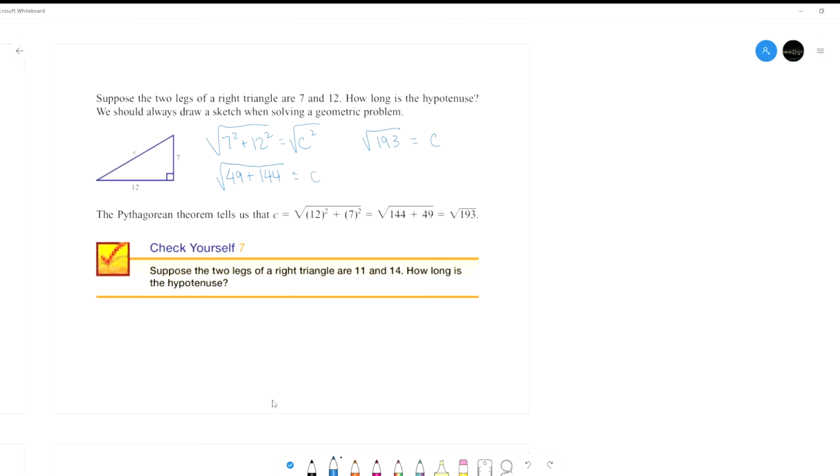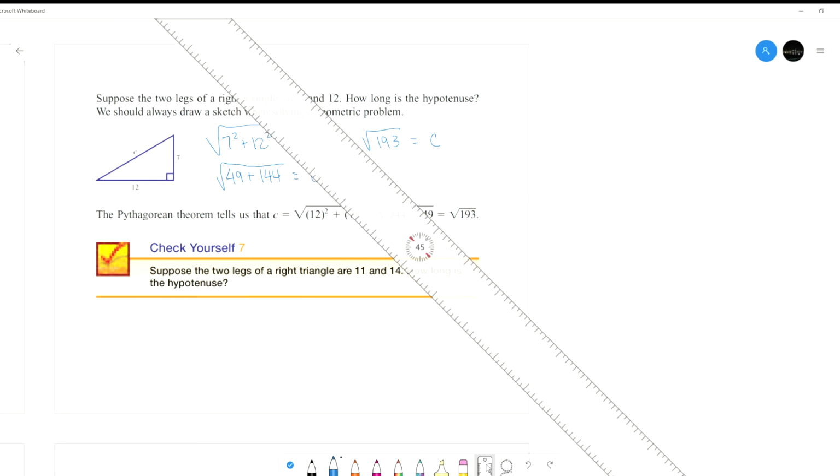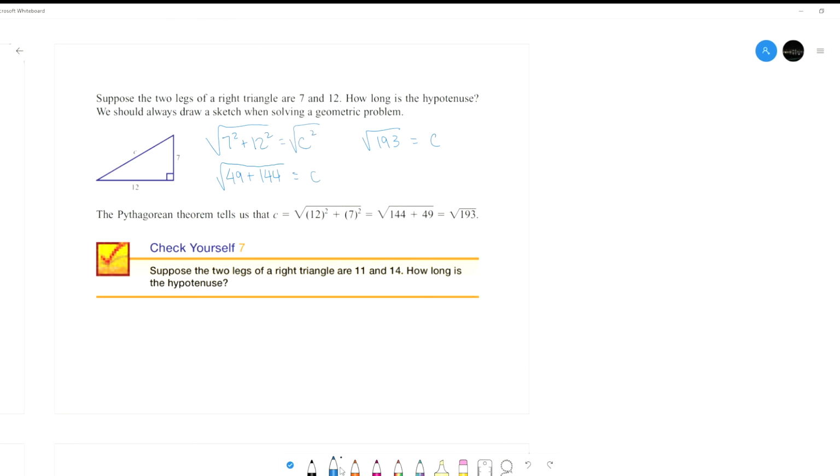Okay, so we have two legs of a triangle. And if you did want to draw it, you can draw the triangle like this, or even facing the other direction. Sorry, that's a poor triangle. The legs are always next to the right angle, 11 and 14, right? So we need to find the hypotenuse c.